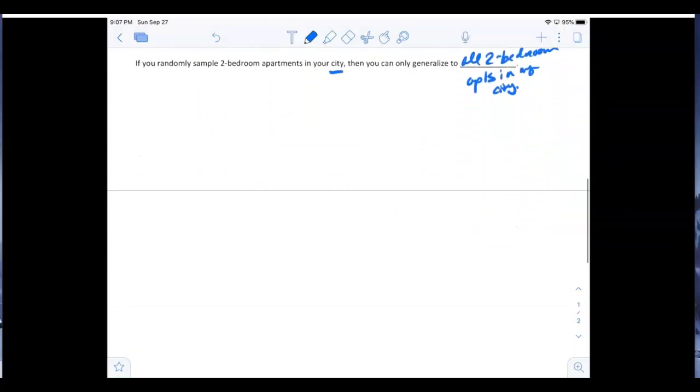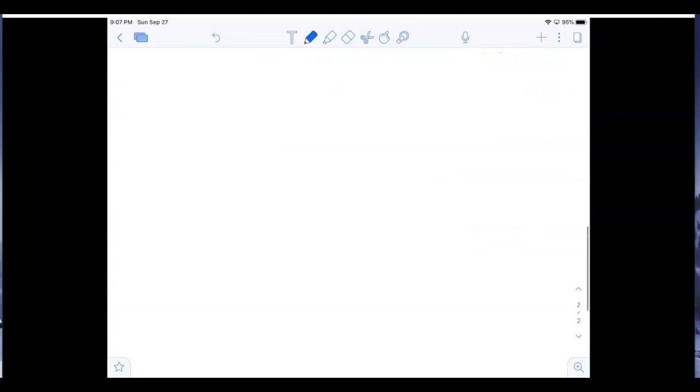Okay, so it's like going up one level from what you sampled from. Okay, all right. Last couple things that I want to put on here for you to write down along with me would be to keep an eye out for this idea of bias.